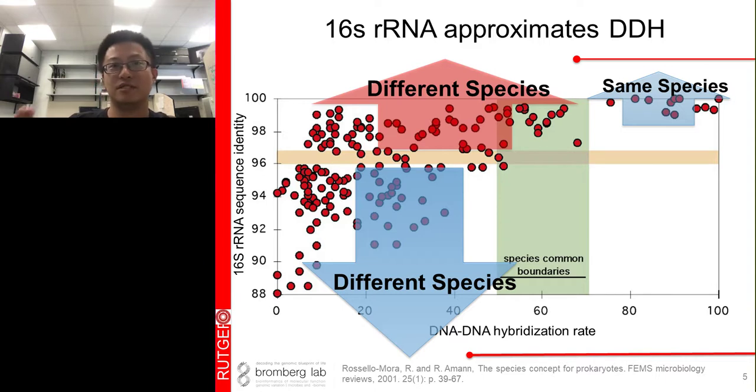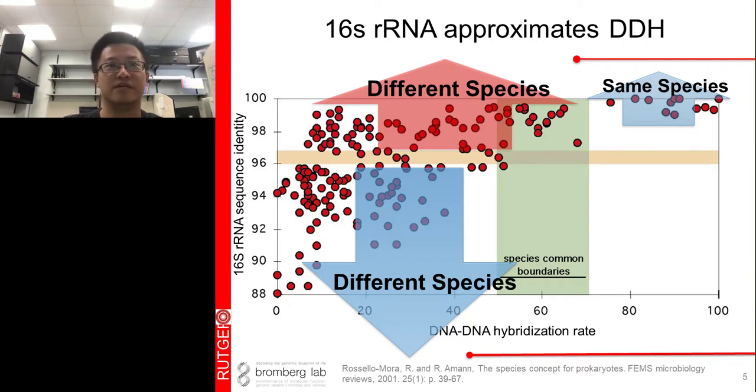It's always associated with a magical number, which is 97% sequence identity. The rule of thumb is that if 2 bacteria share more than 97% sequence identity of their 16S RNA, then they are of the same species. It is quite widely known and practically used in this field. However, it's just not correct.